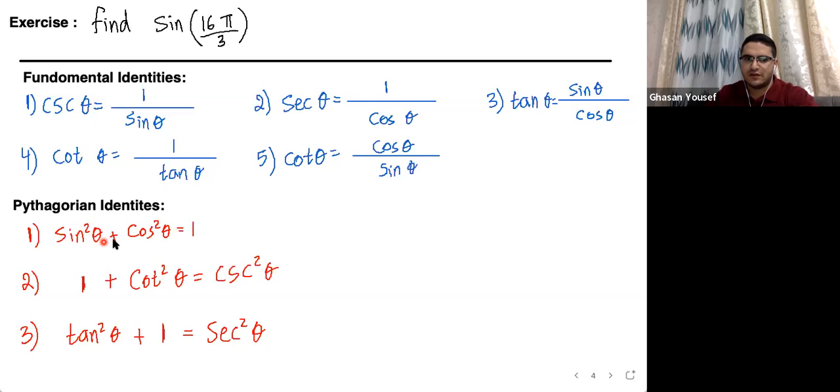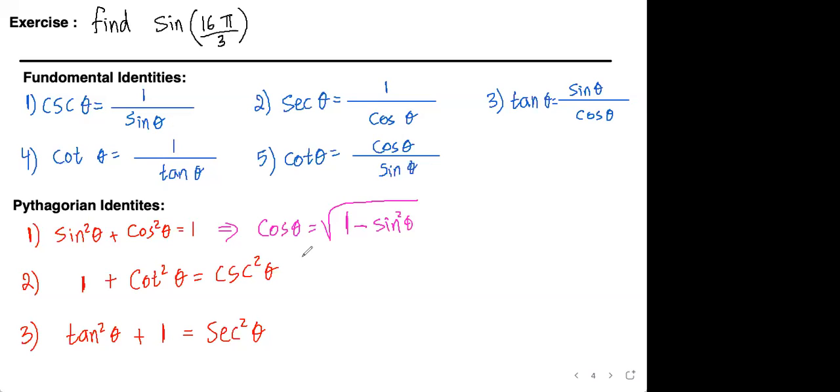Sine square plus cosine square equals 1, so from here I can get the cosine of the angle equal to the square root of 1 minus the sine square of theta.